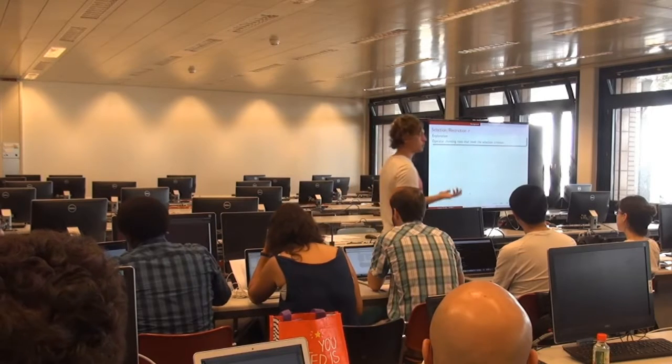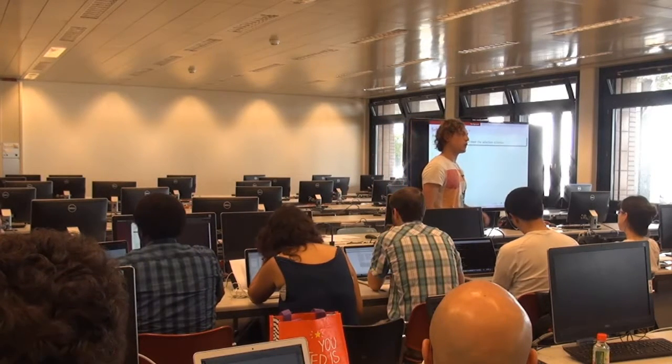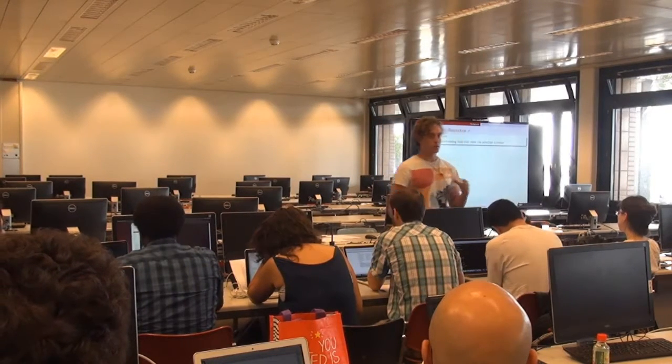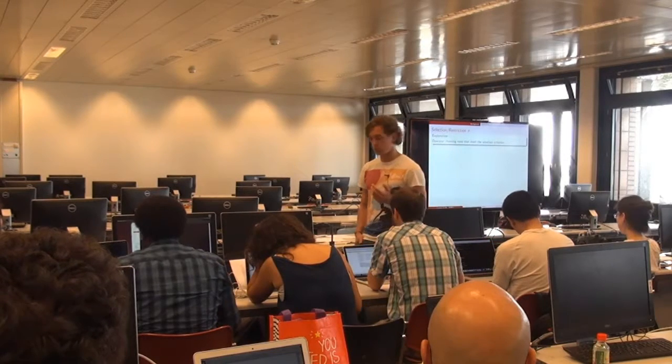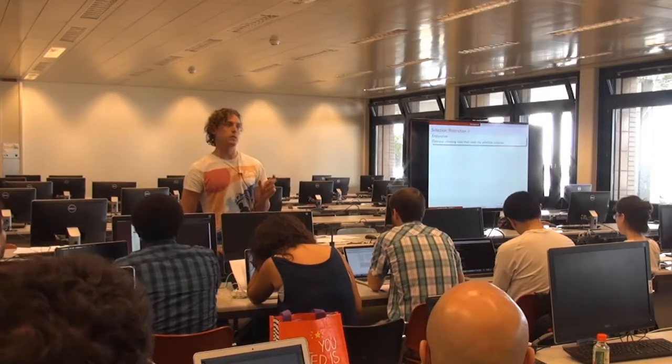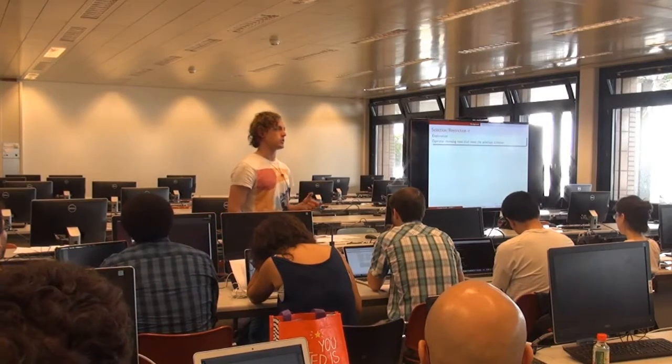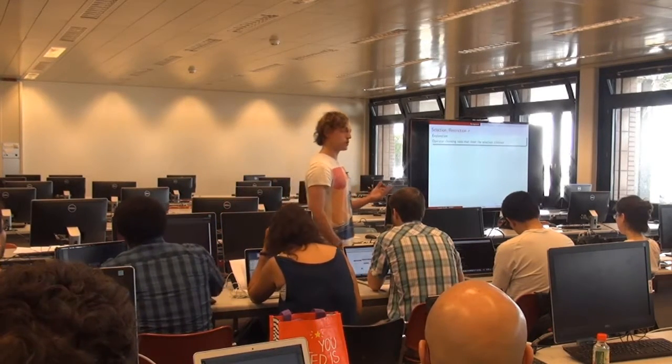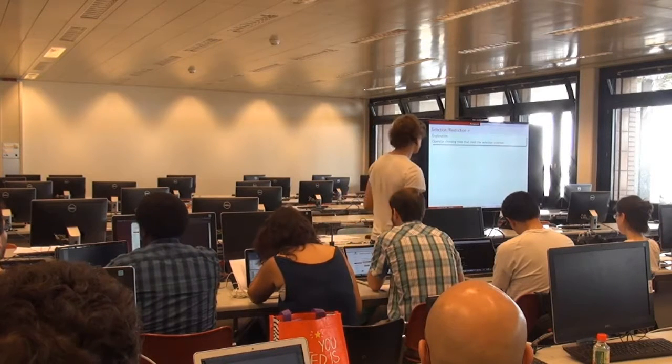Selections, or restrictions, are basically filters. They tell you how to restrict the whole set of data that your database or relation contains to a meaningful subset, chosen such that it satisfies the selection criterion. So basically a filter.